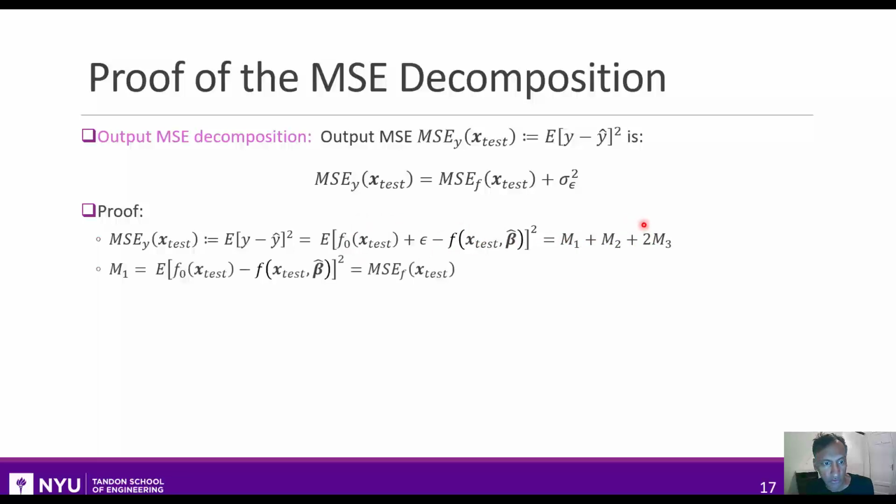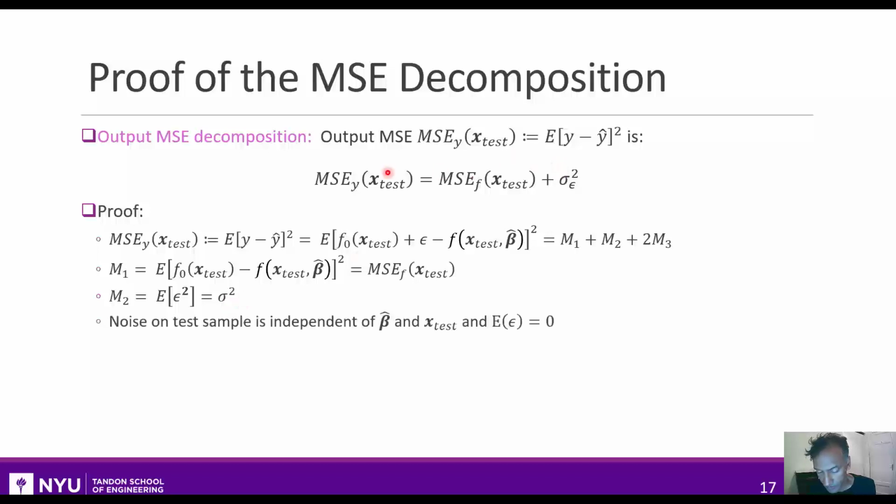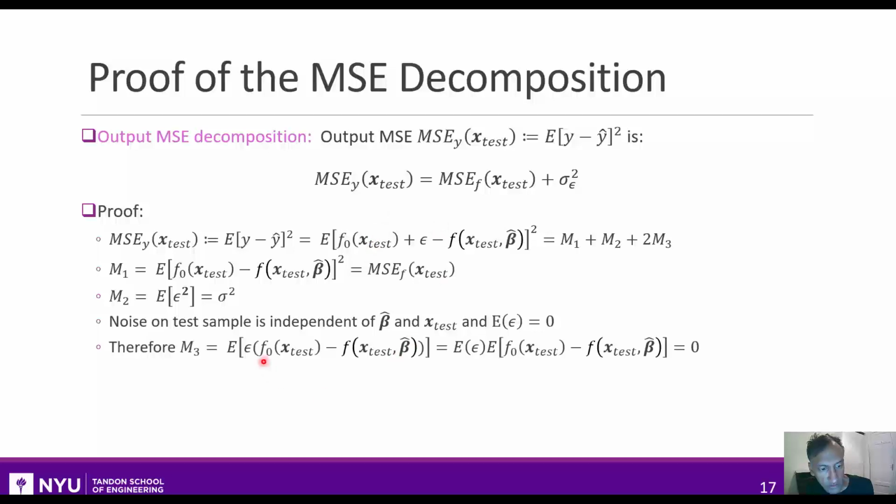The first term is just the difference between this minus this, squared, but that is by definition the function MSE. The second term is this squared, but that is just the irreducible error, this term. And the final term is the cross product between epsilon and the difference between these two. But we'll use some independence here.